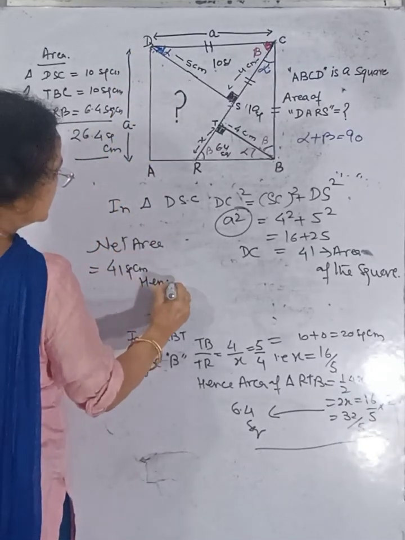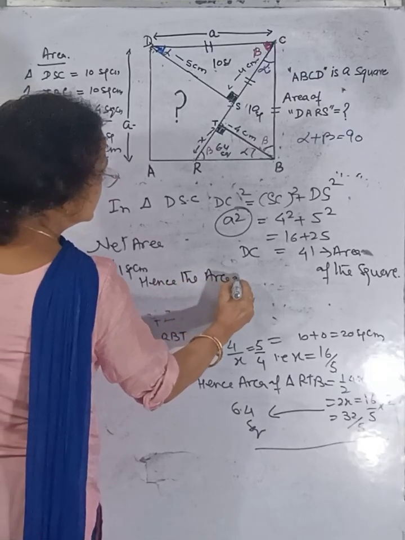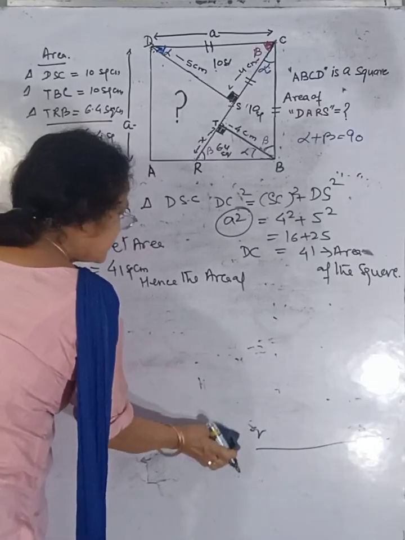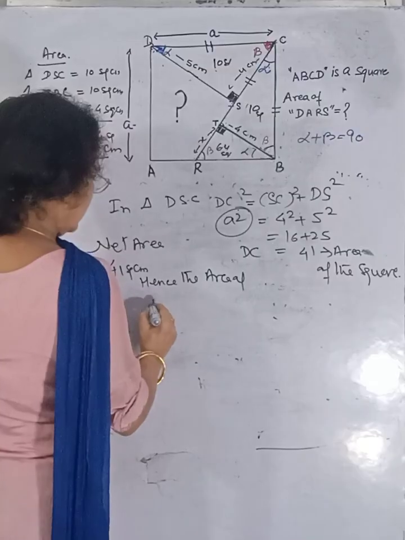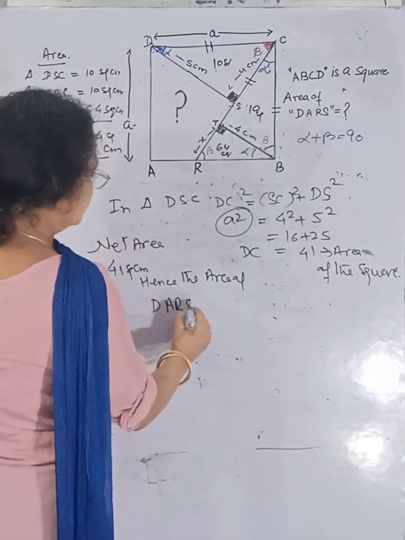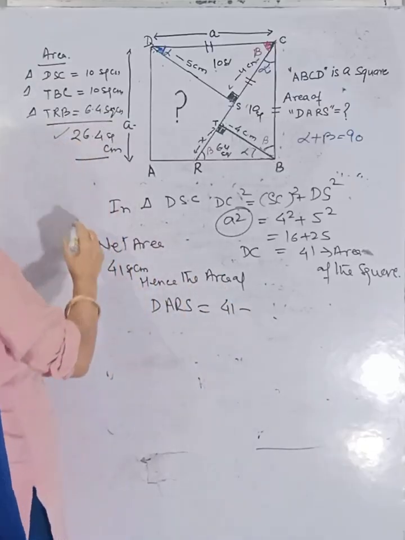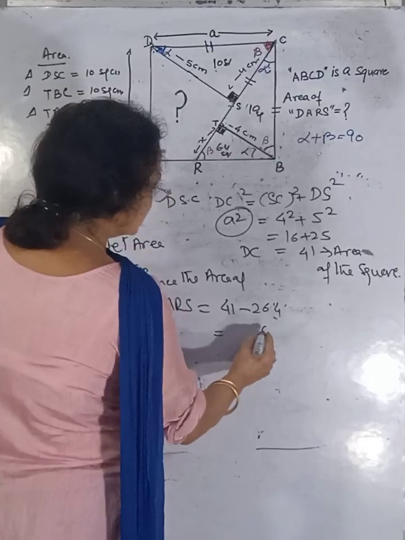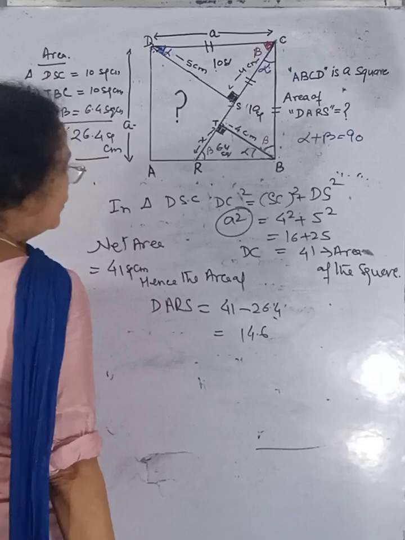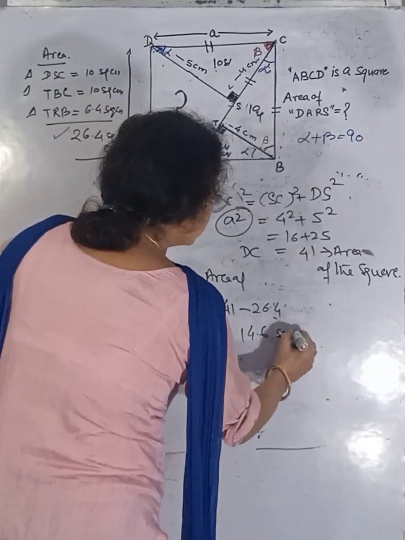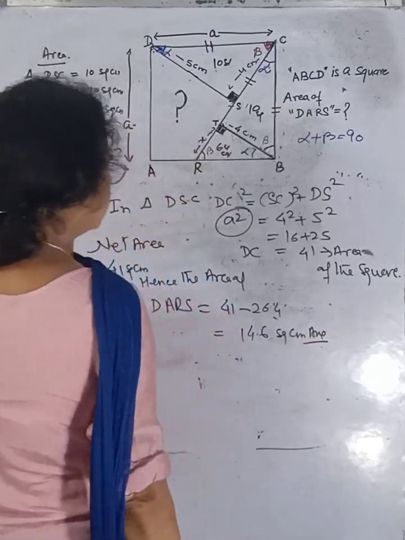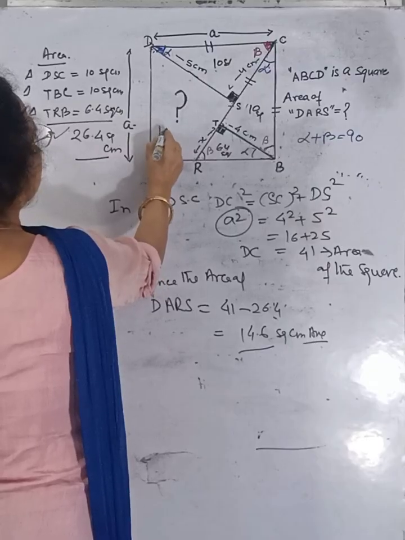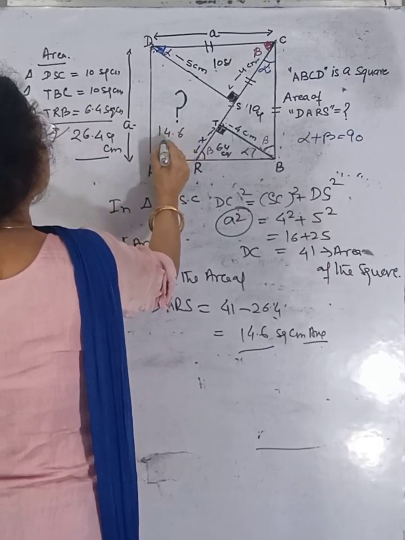Hence the area of the portion asked in the question, DARS, will be equal to 41 minus the sum of these three, 26.4, that is equal to 14.6 square cm. This is the answer.